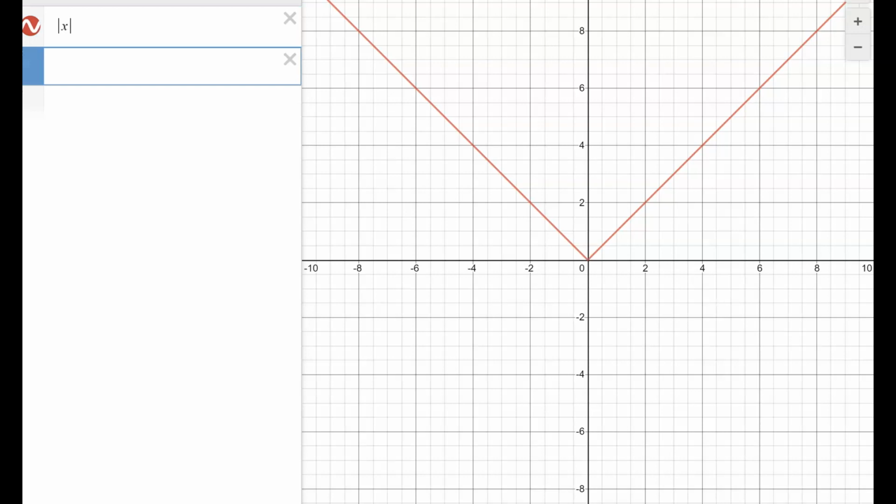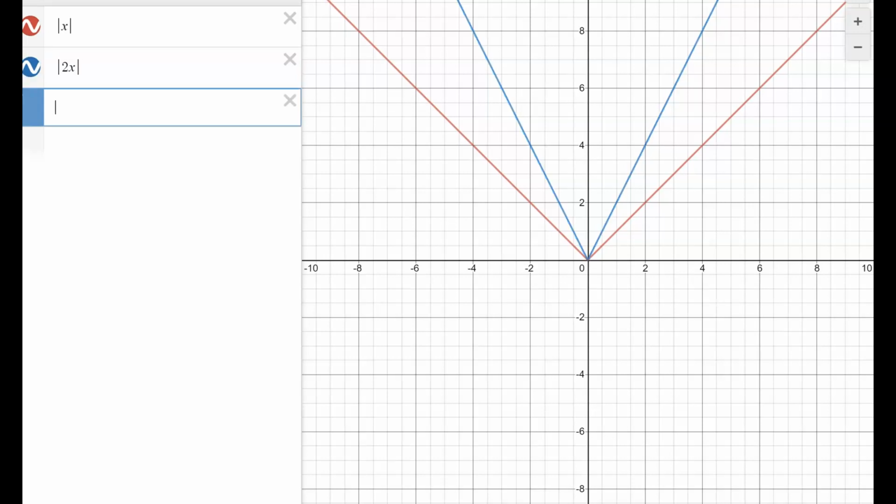And so we have this one here, 2x. And then we have this one here, 2 times the absolute value of x. So exactly the same. But again, the effect of what's happening is different.